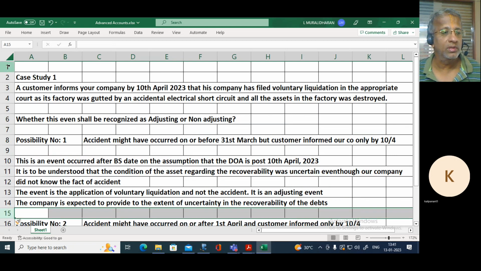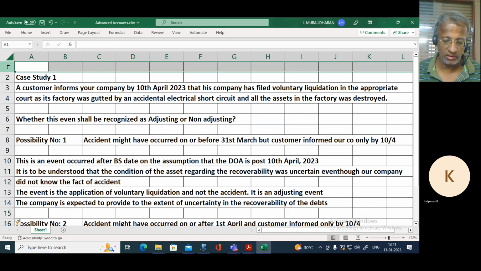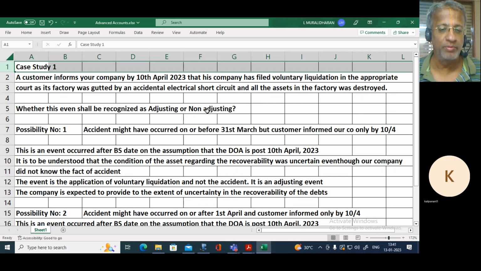So I would like you people to make note of this. So the entire accounting standard AS4 is over now. That's all. One example finished. Come on, kindly make note. Note, please.